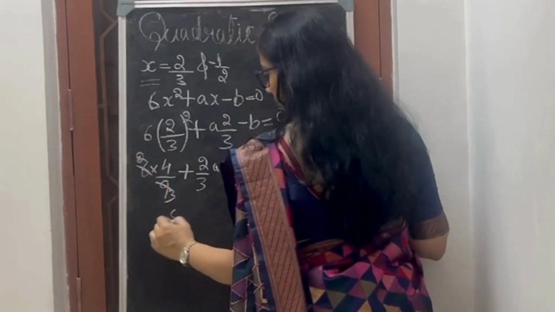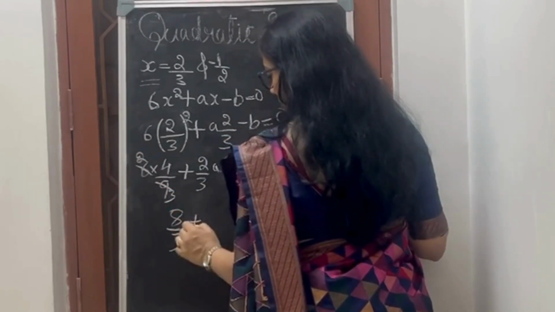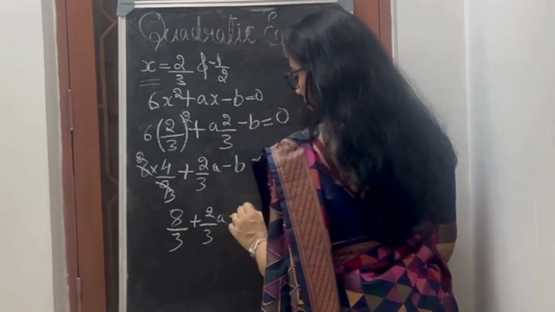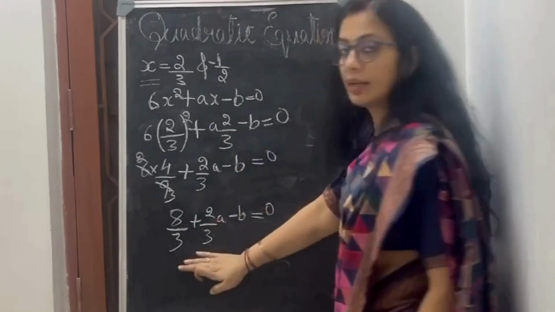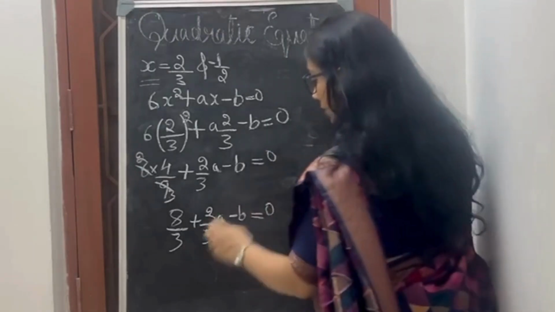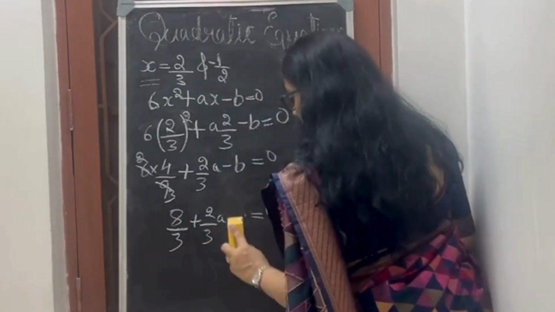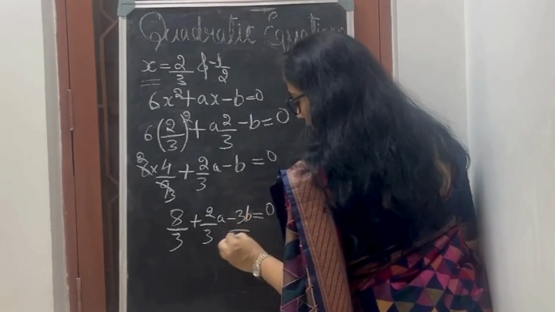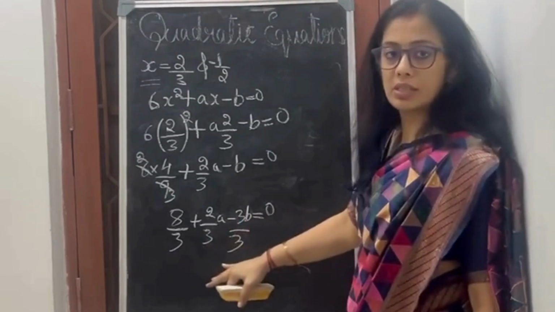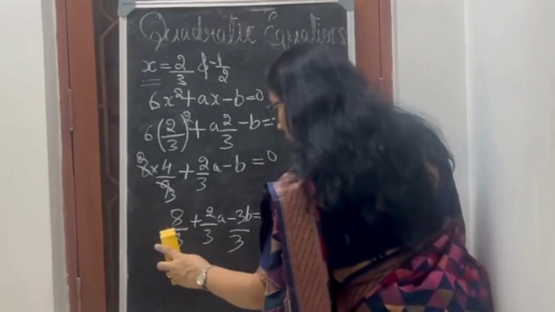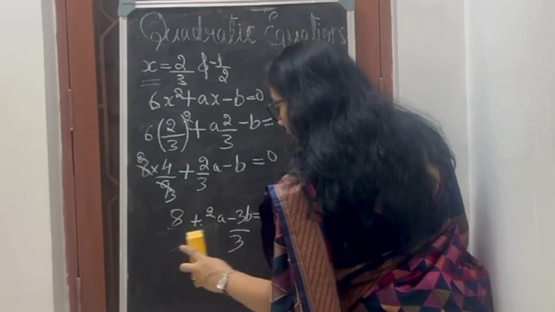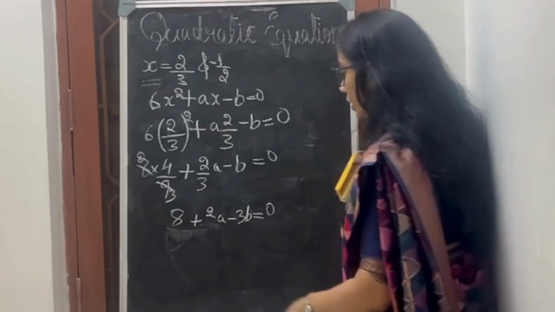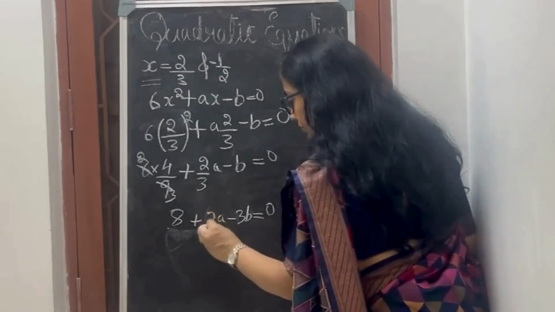So that is 8 by 3 plus 2 by 3 a minus b equals 0. If I take the LCM, this will become minus 3b by 3. Because all three have the same denominators, I remove the denominators. Remember this.